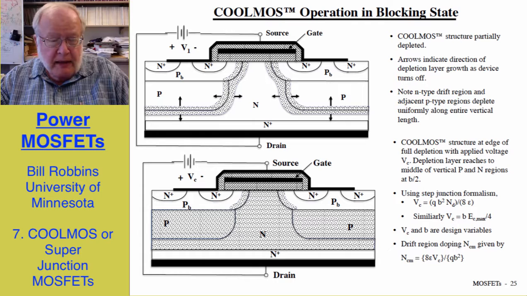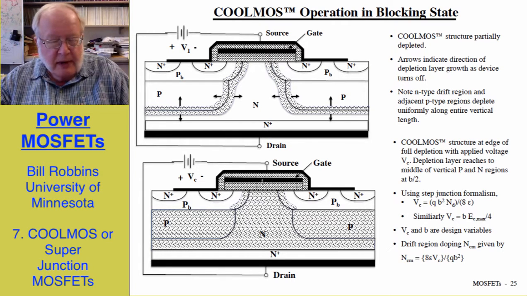They expand equally into the p-type region and the n-type region because of the equal doping densities. Because of the very long vertical dimension, the depletion regions grow horizontally toward each other from each of these junctions, these arrows indicating the general direction of growth of the depletion region.